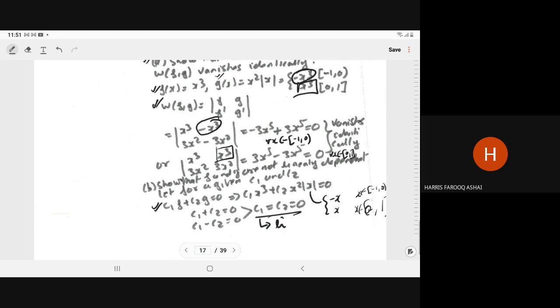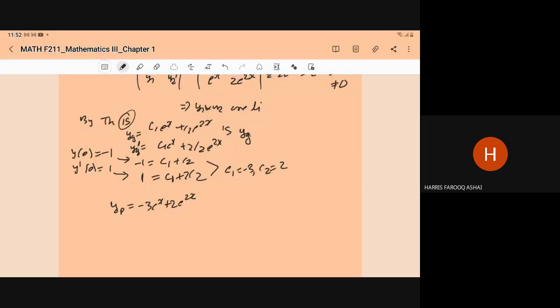Here I am saying that I am taking the linear combination C1 f plus C2 g is equal to 0. C1 f is C1 x³, C2 g is C2 x²|x|, equal to 0.